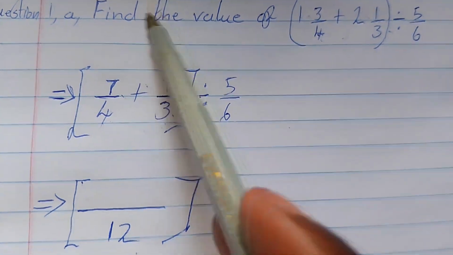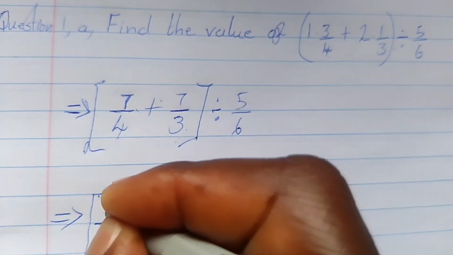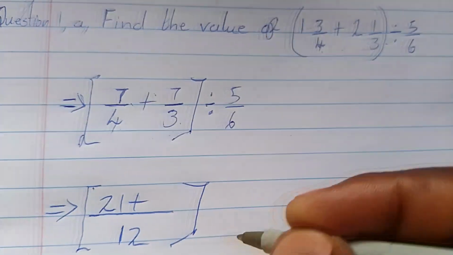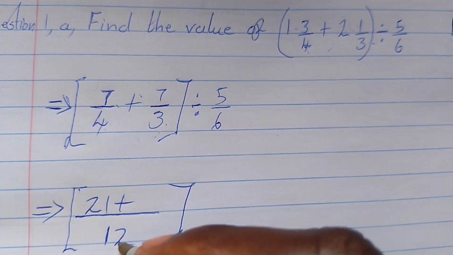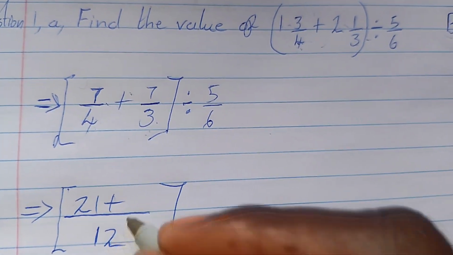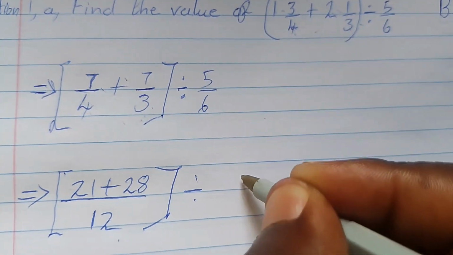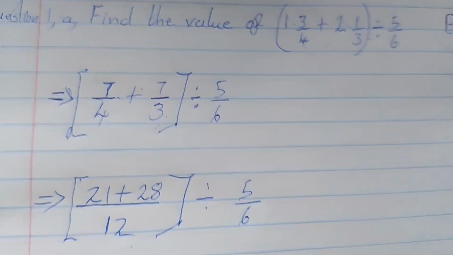Then 3 times 7, that's obviously 21. Plus 3 into 12, which is 4. 4 times 7, 28. Divided by 5/6.